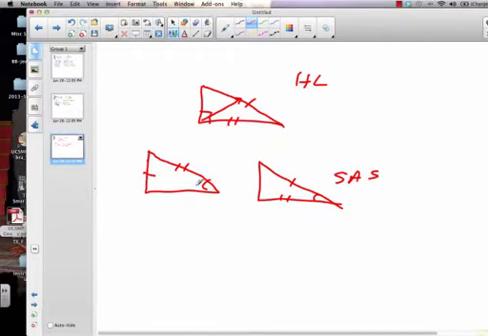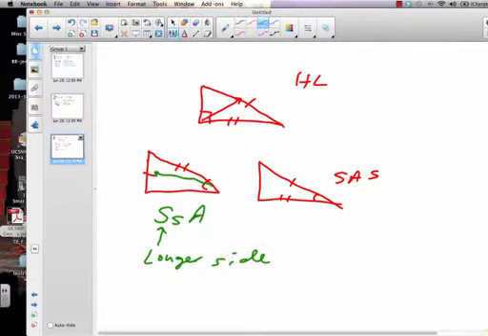And so this one, 2 sides and an angle, but remember that you want to look across from the angle that's marked, and the justification that would go with it would be big side, little side, angle. And so the question you have to ask yourself is, is the longer side across from the angle?